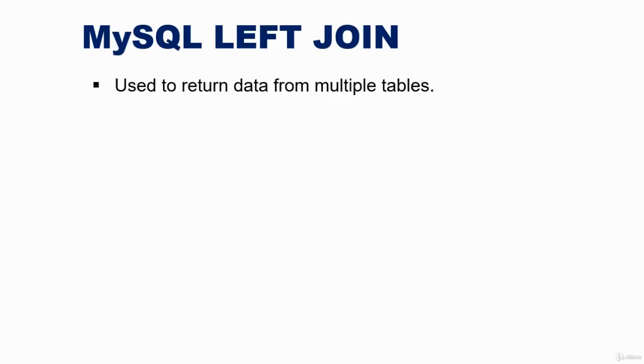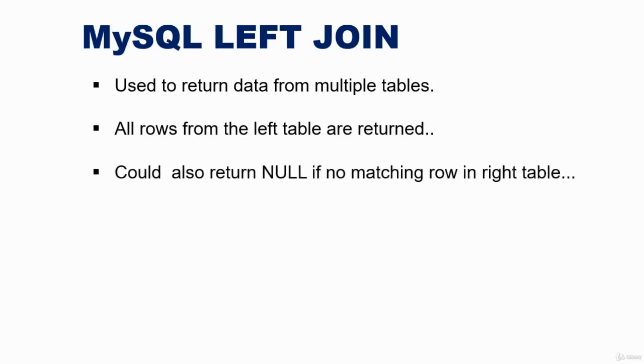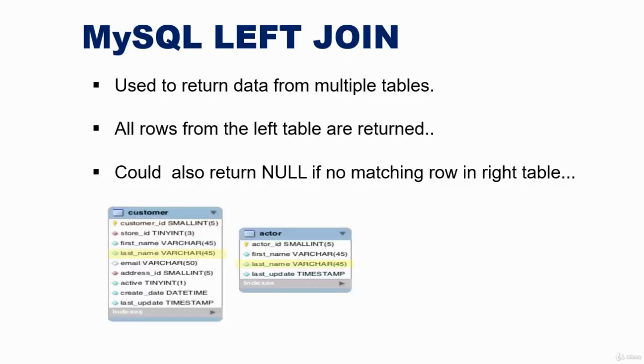It is called the left join because all the rows from the left table are returned, even if there is no matching row in the right table. If there's no matching row in the right table, this could result in null values that will appear in any columns returned from the right table.